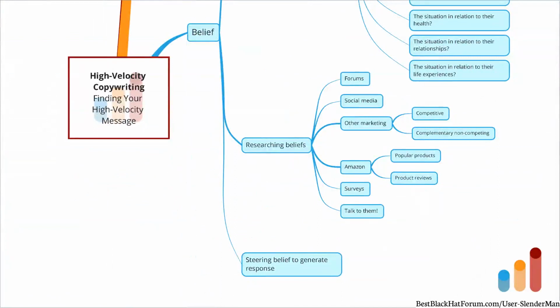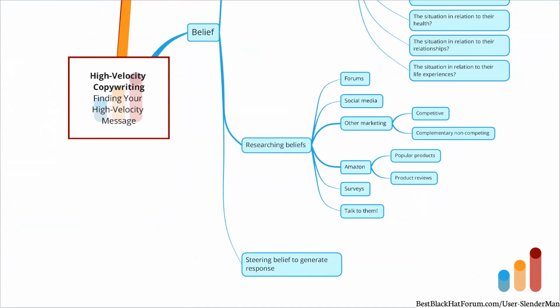And now I want to talk about how we're going to steer belief to generate response. So it's one thing to understand the conversation that's already going on in their head. It's another thing entirely to start to transition it from, okay, I'm presenting the problem or my prediction or this new opportunity in the context of your current beliefs and the conversation going on in your head.